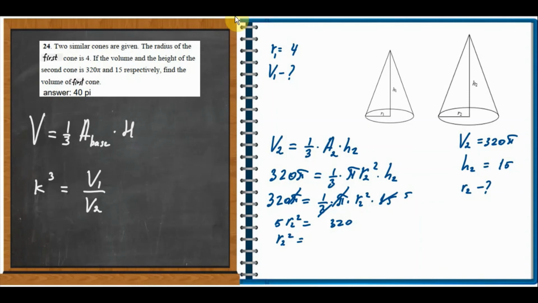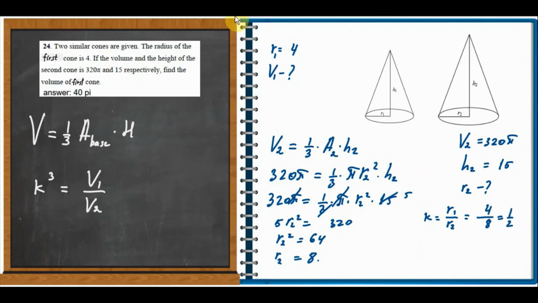It is going to be 64, and the radius of the second cone is just 8. After finding this, we can say that the scale factor k equals the first radius over the second radius, which is 4 over 8, which is 1 over 2.